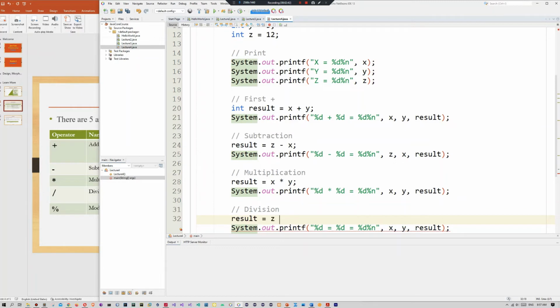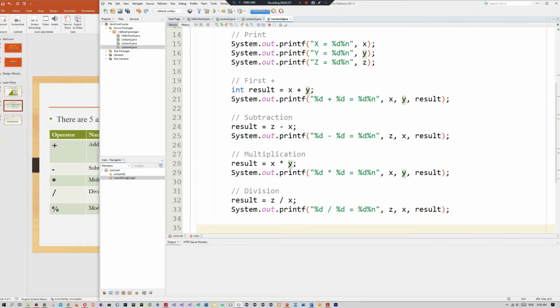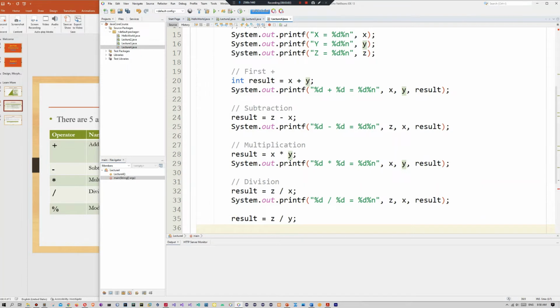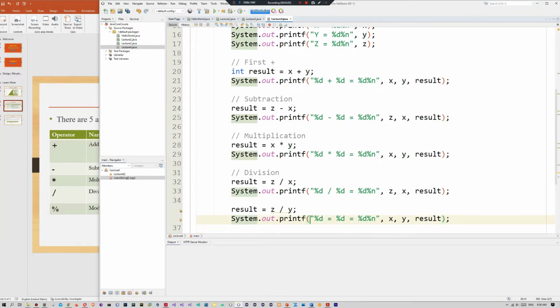Okay, now division. Result is equal to z divided by x. Now a second example, z divided by y. Print z, y, and result.